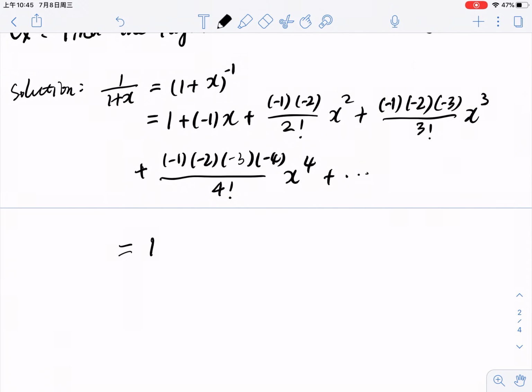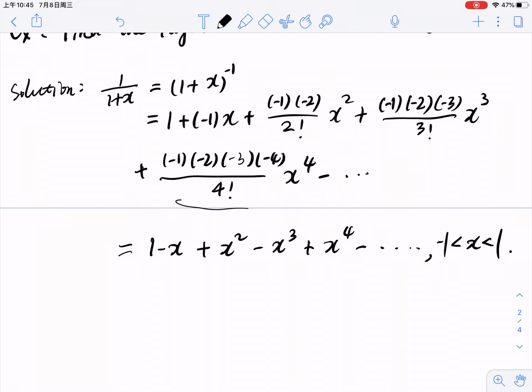Simplify, we get 1 minus x plus x squared minus x cubed plus x to the power 4, and so on. And this holds for x between negative 1 and 1, that is, the absolute value of x less than 1.